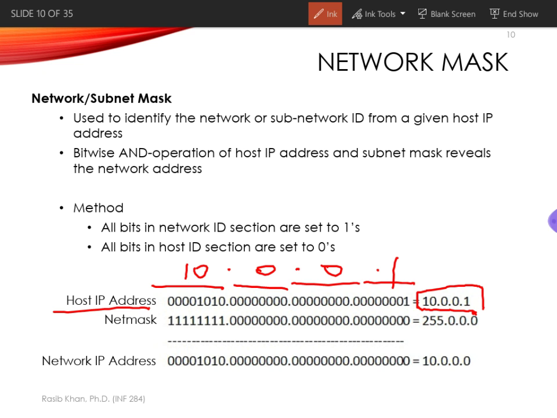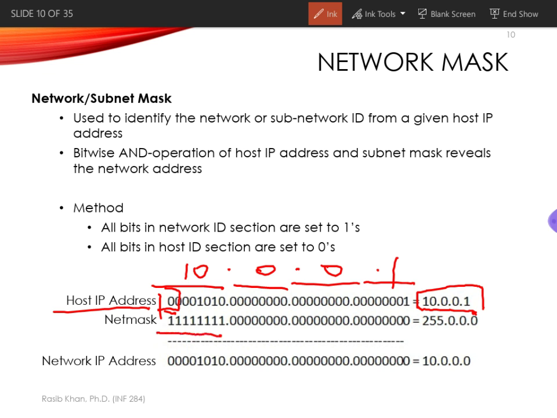And that means that the first bit in the IP address is a 0, so this is a class A address. For class A addresses, only the first octet is the net ID, and the remaining octets are host ID.